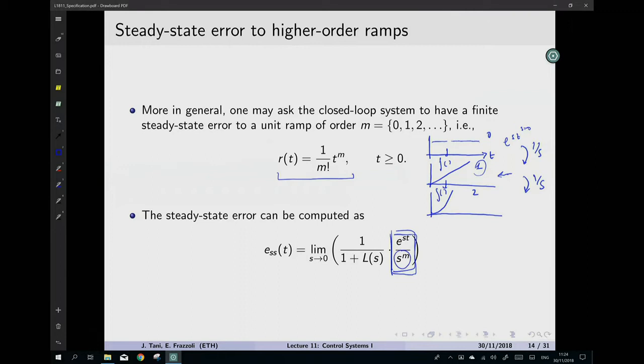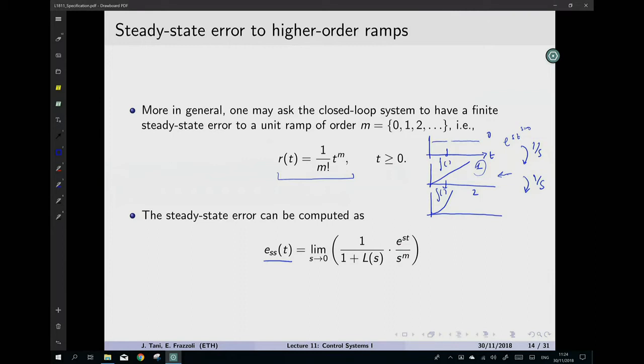there are different ways to imagine this. If we look at this equation, this tells us everything there is to know about the steady state error. And there is a nice property that comes out of it. Typically, one specification that is given is that we want the control system to have 0 steady state error for this type of ramps, type 2 ramps, type 1 ramps.